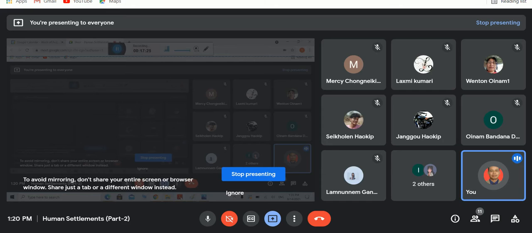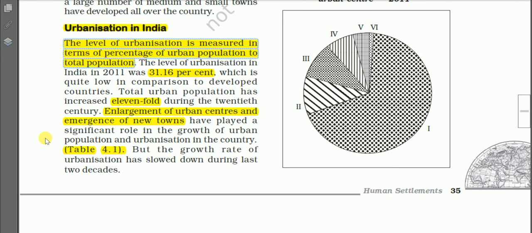Okay, as mentioned here, the level of urbanization is measured in terms of percentage of urban population to total population. In India, according to Census India 2011, the level of urbanization was only 31.16%, which is very low in comparison to the developed countries of the world.